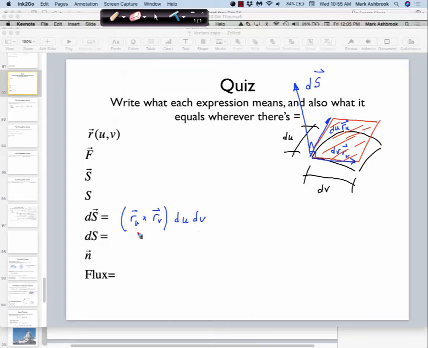That's dS, so that's this, the magnitude of that vector. What was n? The unit vector in the direction of the dS vector, right? So it's the unit vector in this direction. If we unitize that thing, we get all this divided by the magnitude of that.